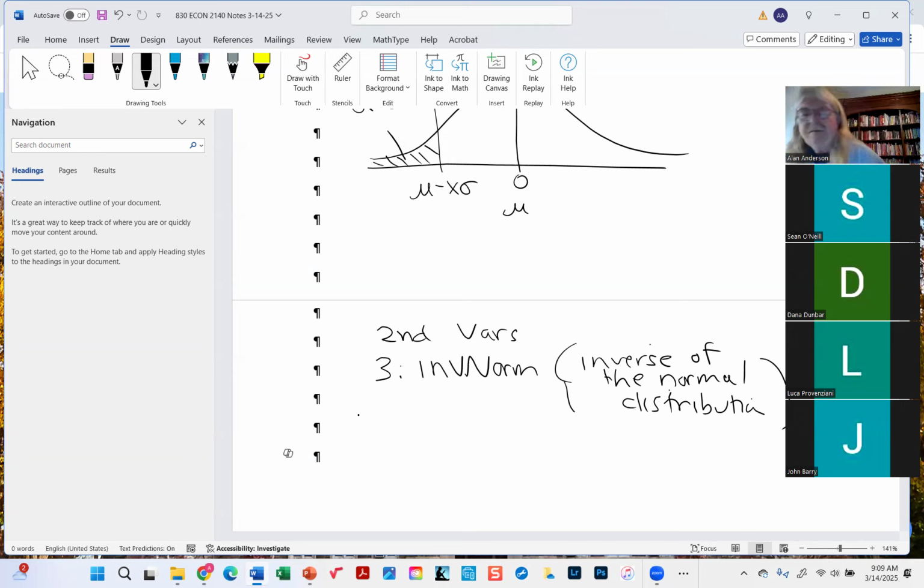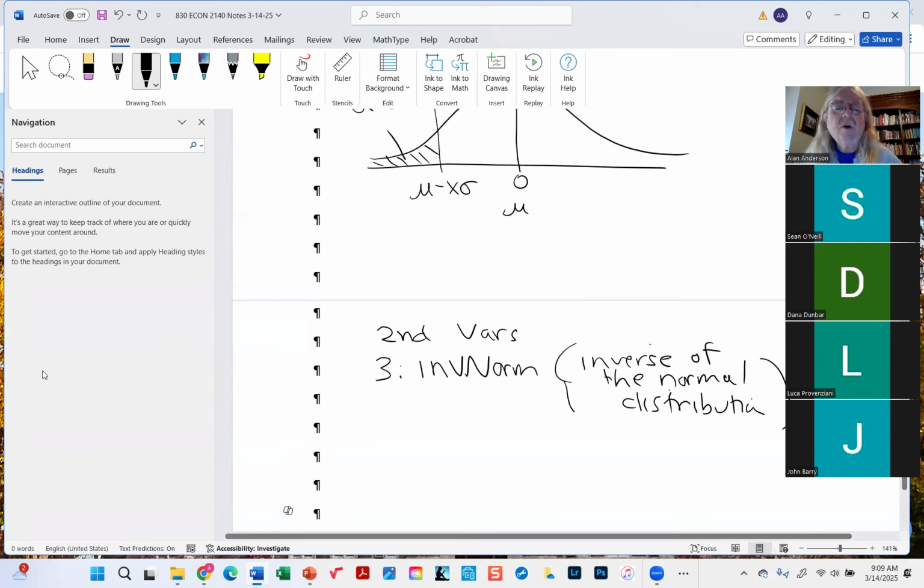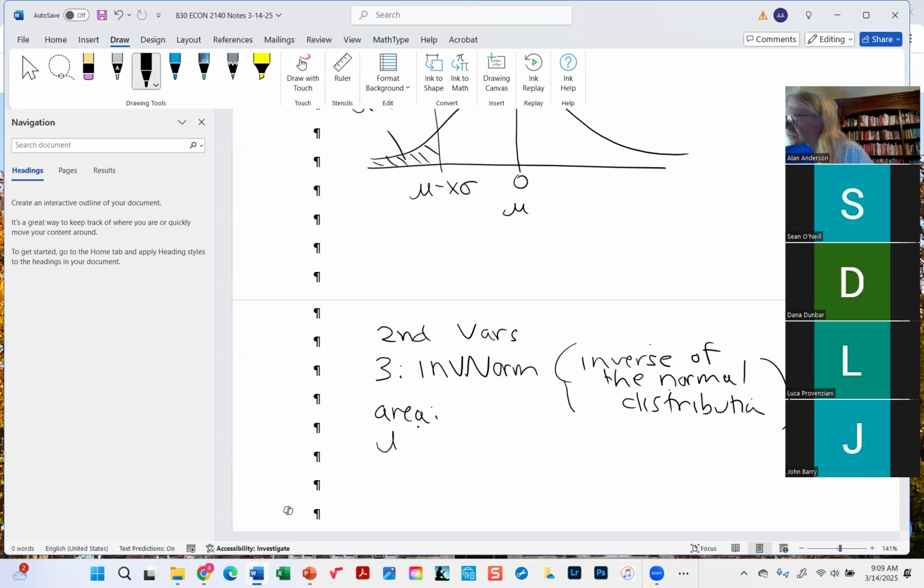Now here's where we have to be careful. Everyone may have a slightly different calculator. So on the one I have, this TI-84 Plus CE, this is what I'm seeing. For the tail command, you have to choose between left, center, and right.